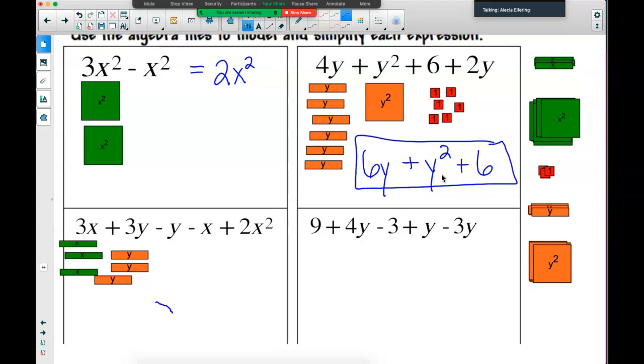What do we want to do when it says minus y? Take one away. So I'm going to scribble one of them out. So scribble out a y. Then it says minus x. So take away an x, get rid of one of the x's. And finally it says plus 2x squared. So I need 2x squareds.